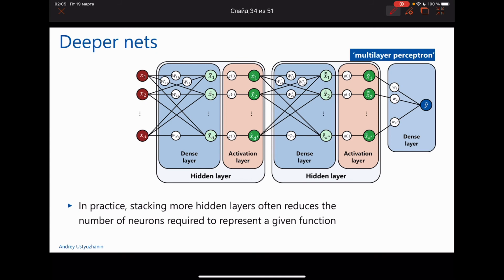By stacking more layers together, we effectively reduce the number of neurons required to train such a function, thus reducing the possibility of overfitting.